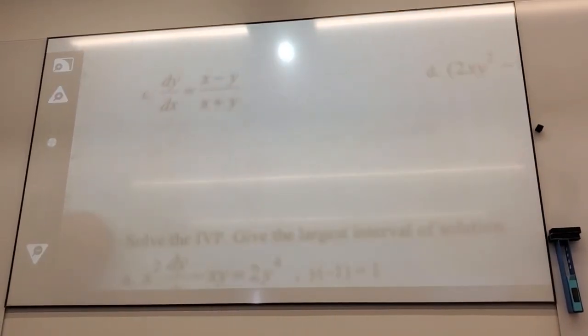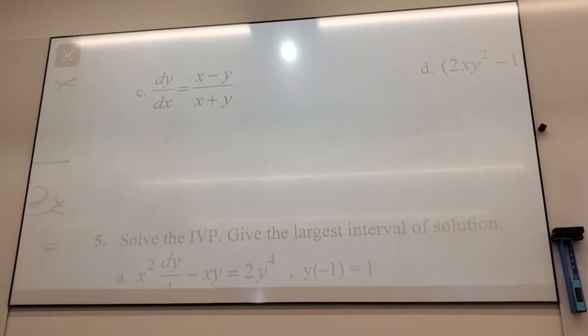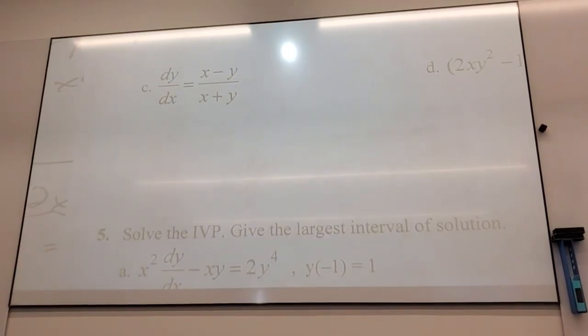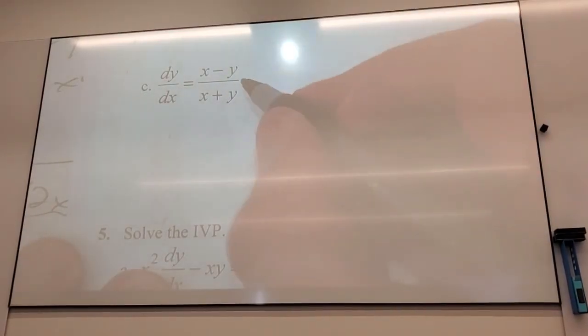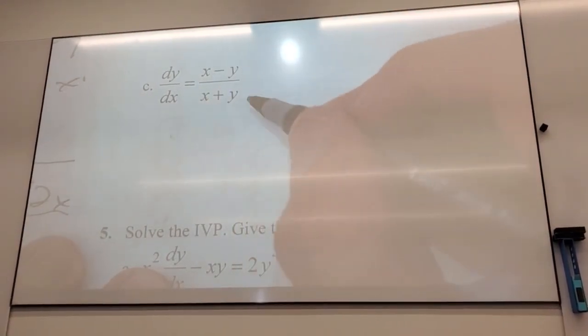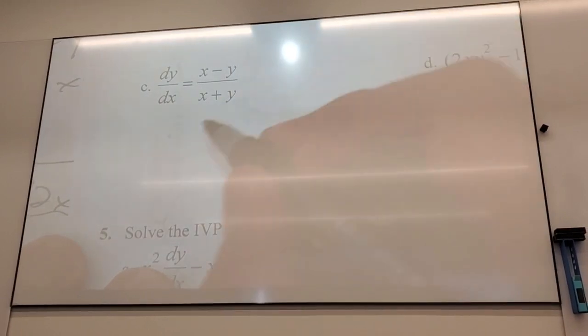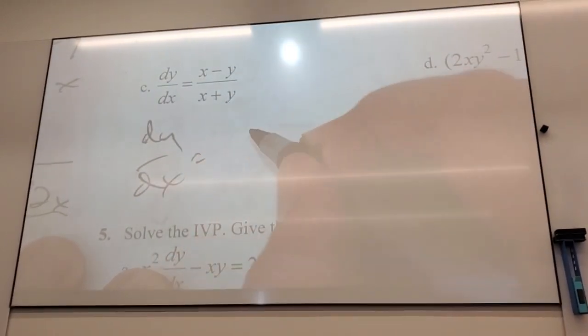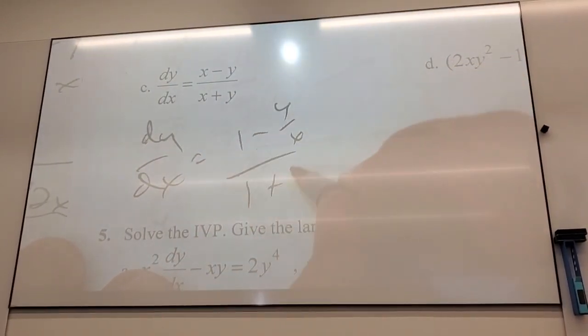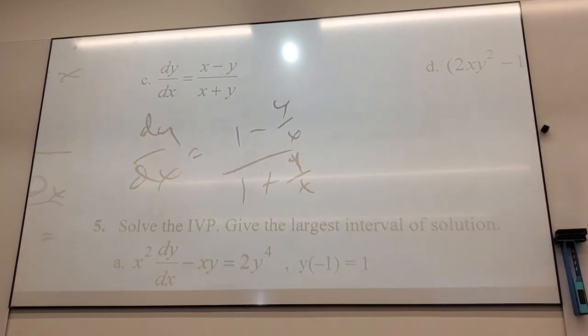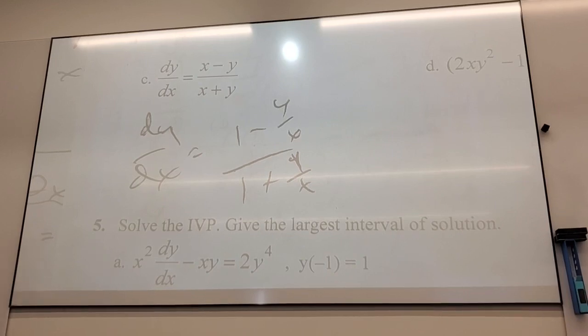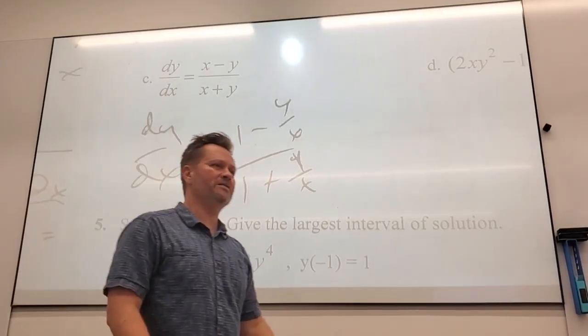Now, if you did this with the method for homogeneous, it would be gross, but you'll get the exact same answer. And the way I can see this as homogeneous is, can't I divide top and bottom of this by x, for example? Would it then be dy dx equals 1 minus y over x over 1 plus y over x? You see how that's homogeneous? It's in terms of y over x. You see what I'm saying? Would you want to do it as homogeneous?